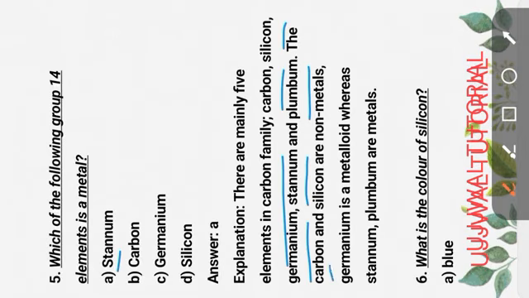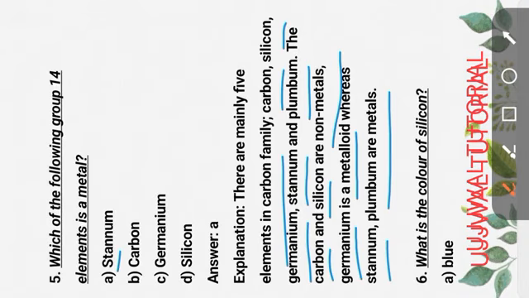Carbon and silicon are non-metals. Germanium is a metalloid, whereas tin and lead are metals. It is a very important part of the carbon family.